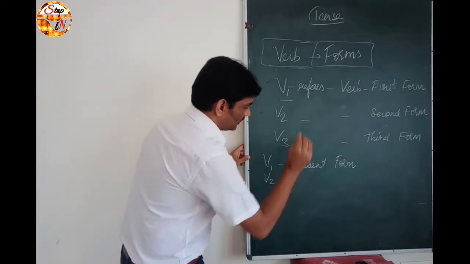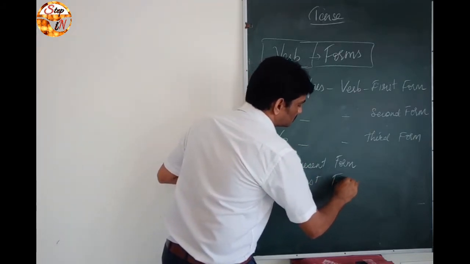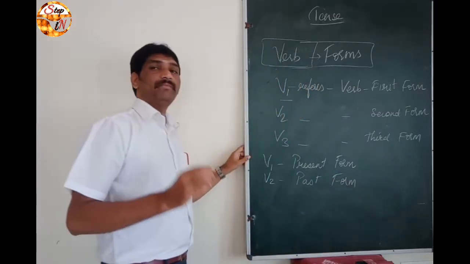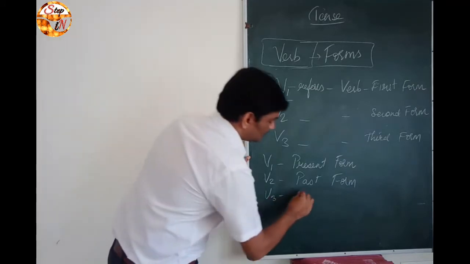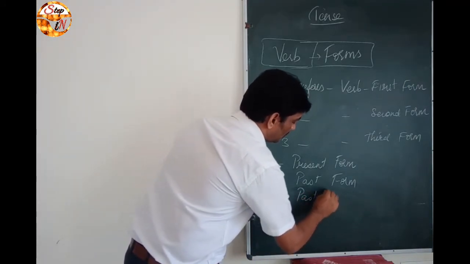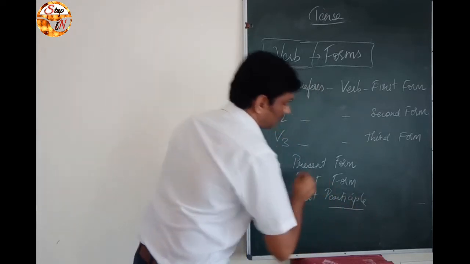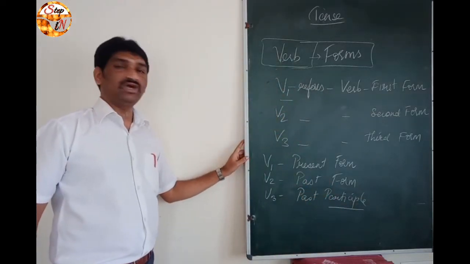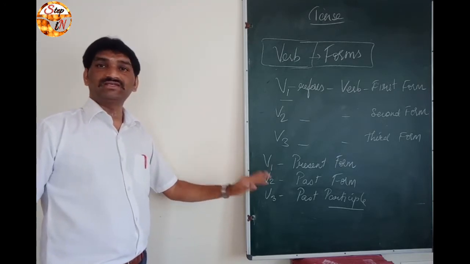And verb 2 is the past form, not to be confused with past tense, it is past form. And the third one, verb 3, that is past participle. So we have a word participle here. I will tell you very clearly what is verb 1, what is verb 2 and what is verb 3.